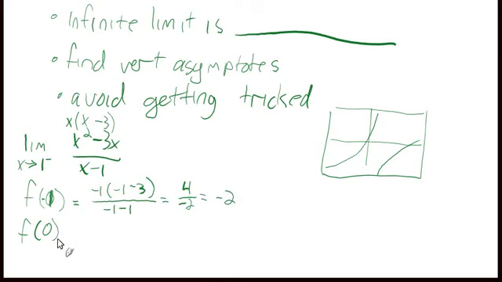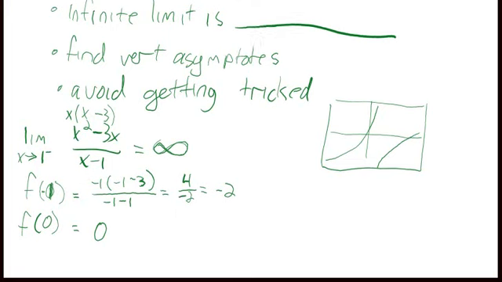And now, f of 0, well, we've got 0 minus 0, that's 0, so it's going to be 0. And we see that our y values are going from negative 2 to 0. They're getting bigger, they're going up, they're going towards positive infinity, so this must be positive infinity. If you want to wimp out and use your graphing calculator, I can't stop you. But there's a more pure and dignified way to do this.